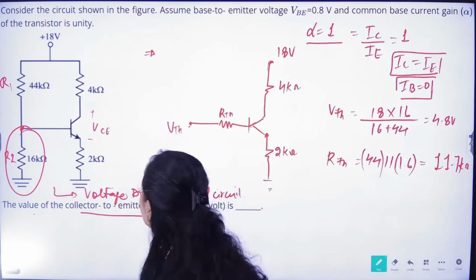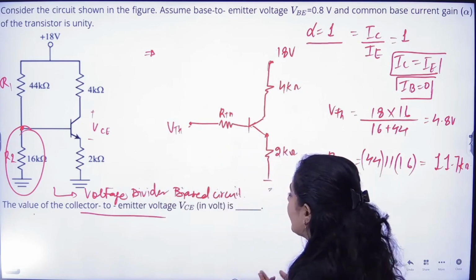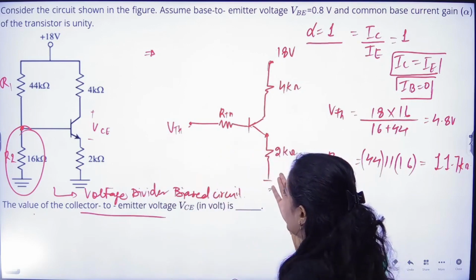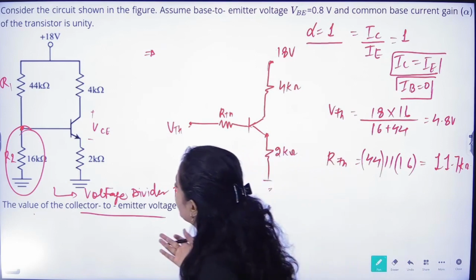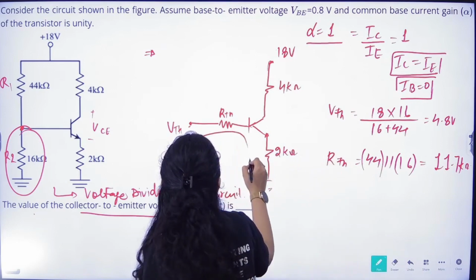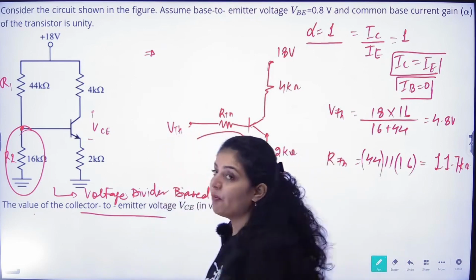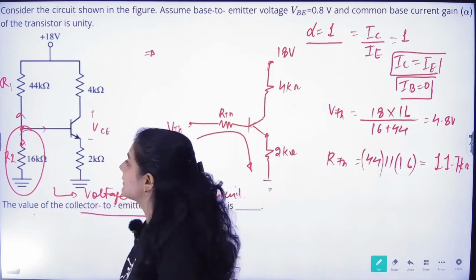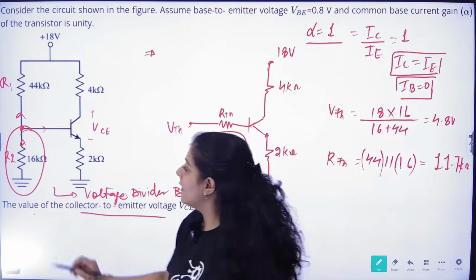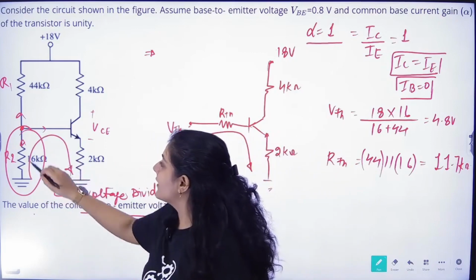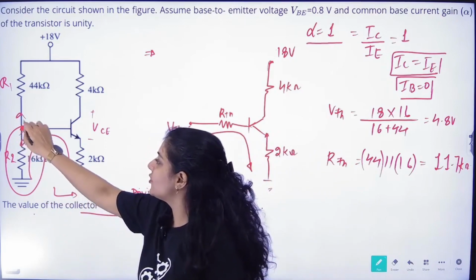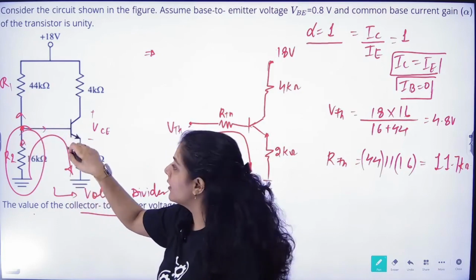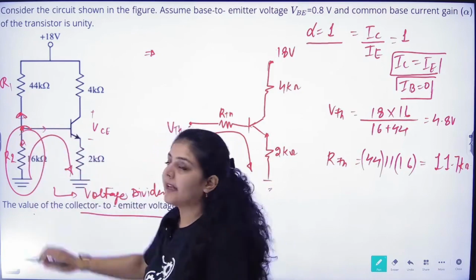Now what they are saying is you have to find out the collector emitter voltage. Now why have I converted into this configuration? Because in this configuration it is easier now to solve for VBE, because here the current will go like this, right? I cannot apply a loop like this because current at this point is distributed at two particular sides, right?